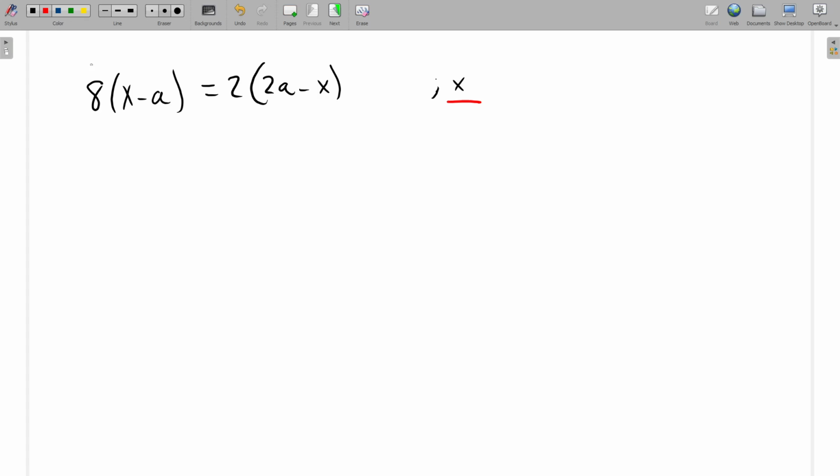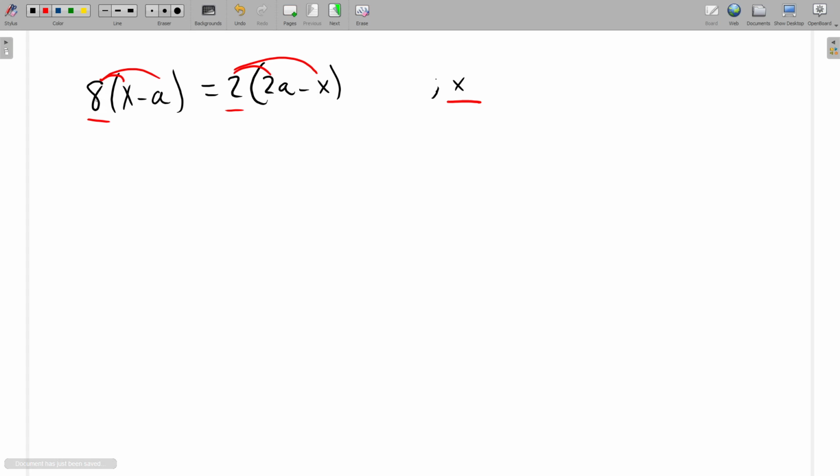So we've discussed a few times in this linear series that when we have parentheses in the problem, to look at the number in front. So in this case we have an 8 in front of the parentheses with an x minus a, and a 2 in front of the parenthesis with 2a minus x. We want to take both of these numbers and distribute them through their respective parentheses.